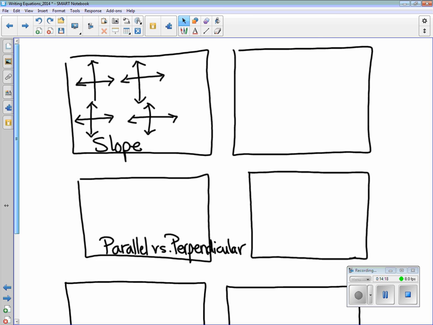And I want you to draw a picture that has a positive slope, a negative slope, a 0 slope, and an undefined or a no slope. Draw a line that has each of those 4 things. Okay?